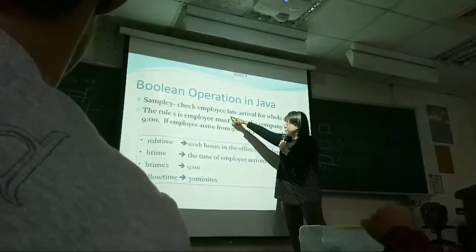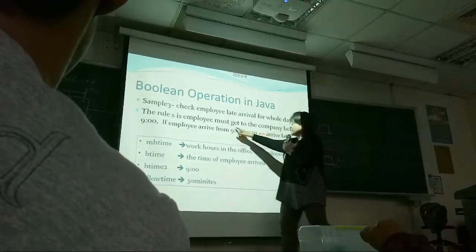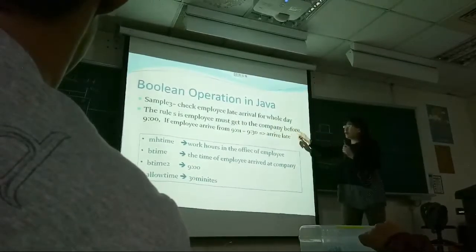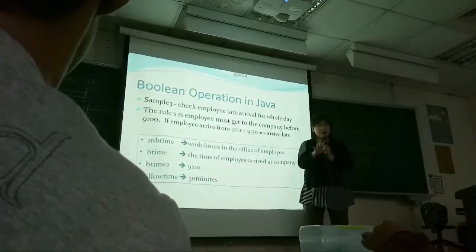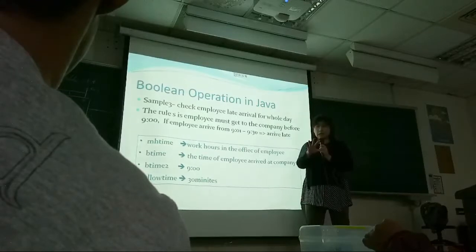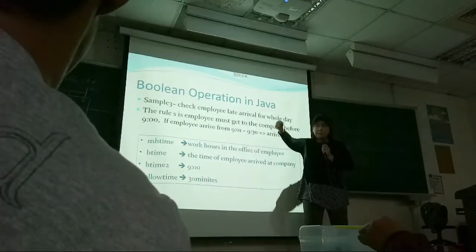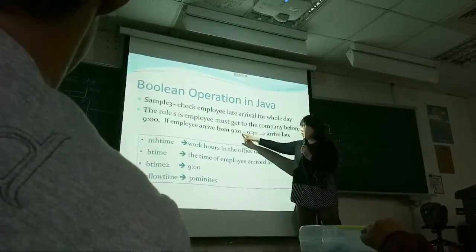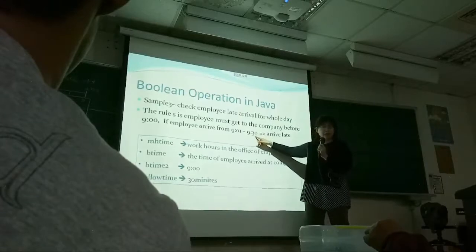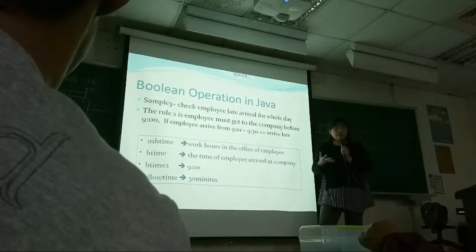They check employee late arrival for whole days. The employee must arrive at the company before 9 o'clock. If you arrive at the company and beep the sign card, and the time is from 9:01 to 9:30, then you will get a late arrival record.